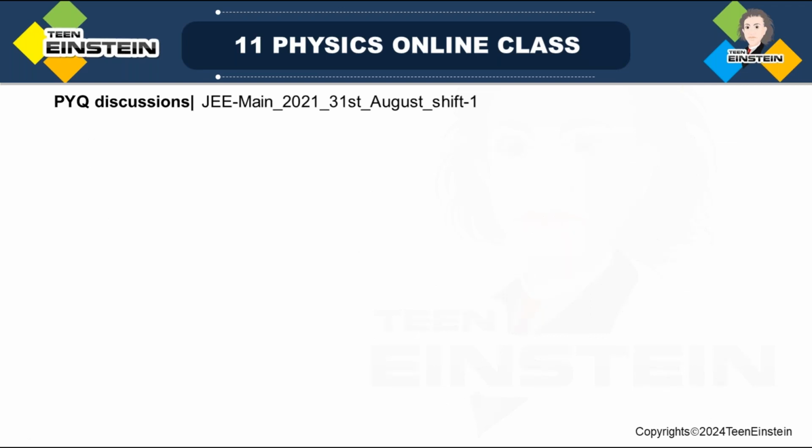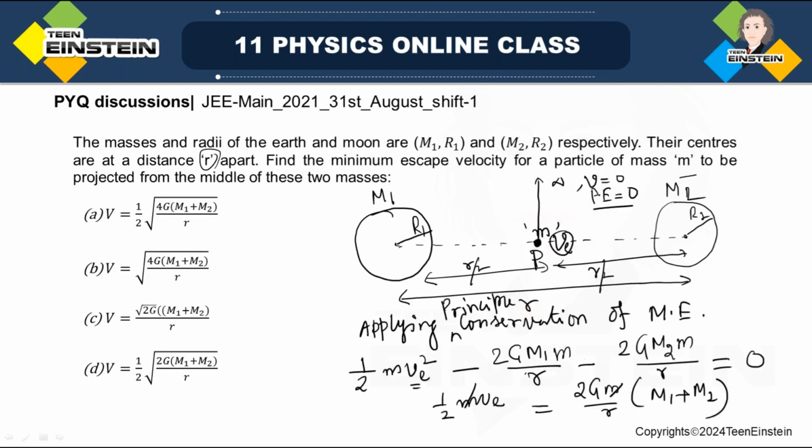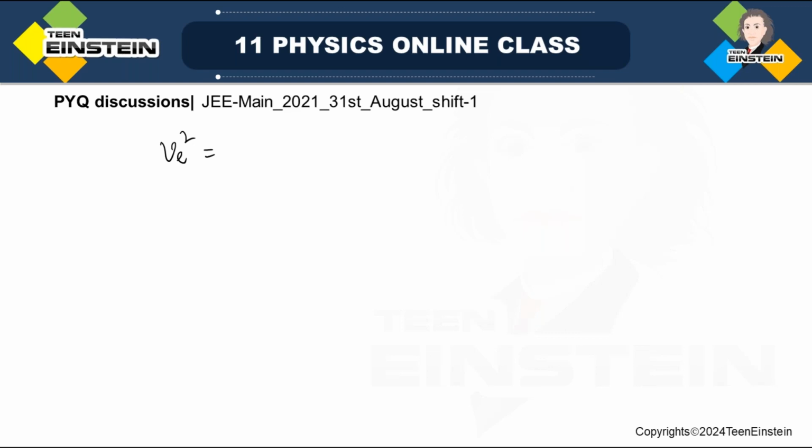Okay, so what I get? I get v square is equal to 4G by small r and whole into m1 plus m2. This is all right. So what is this?